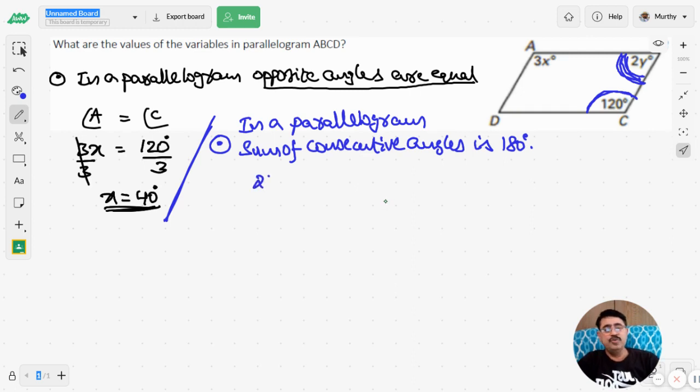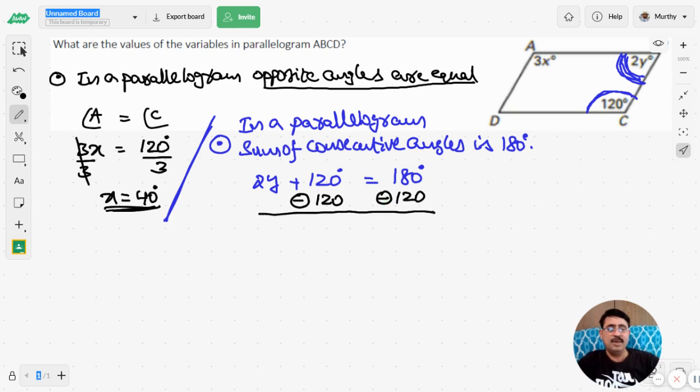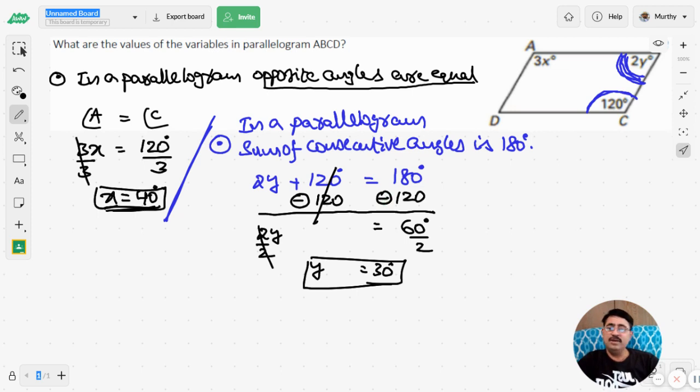Therefore, 2y plus 120 degrees equals 180. Here it's simple algebra. Take away 120, balancing the equation by taking negative 120 on the other side. 180 take away 120, you get 60. So 2y is 60, then division by 2, you get y equals 30 degrees. So the value of x is 40 and the value of y is 30 degrees. That's it. Any questions?